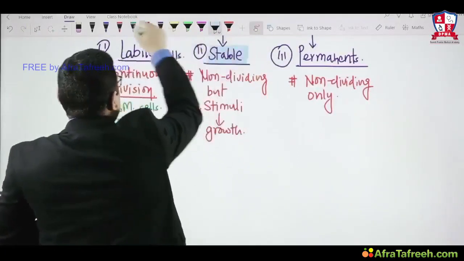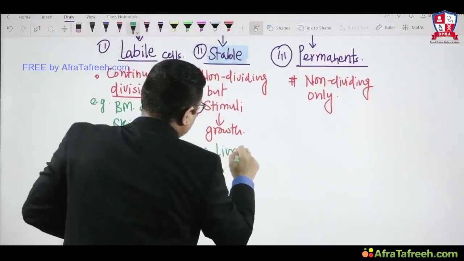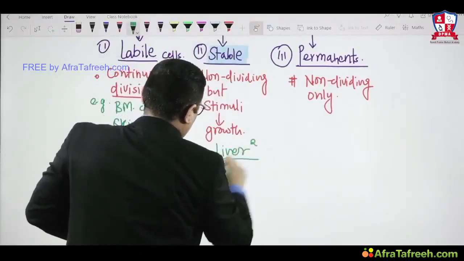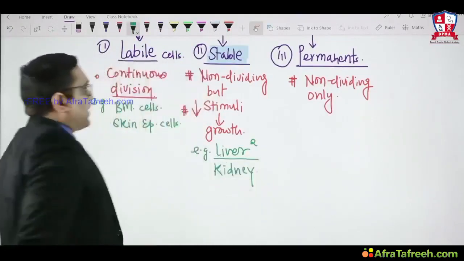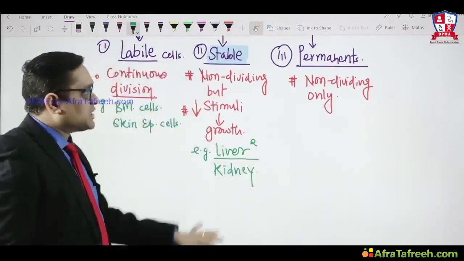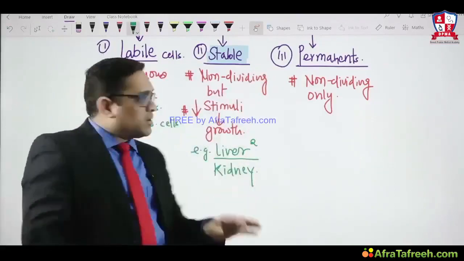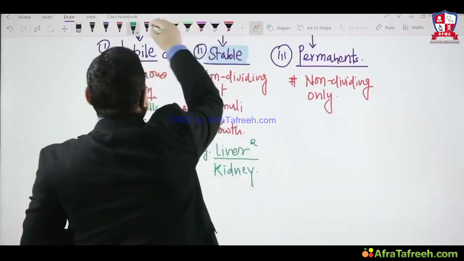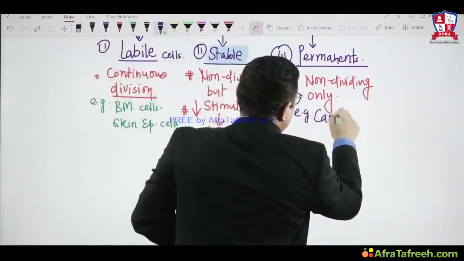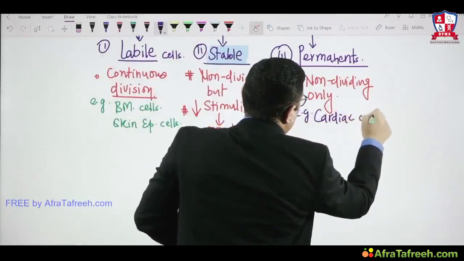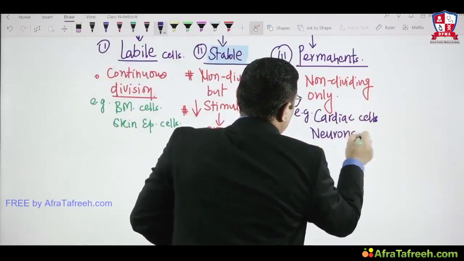Examples of stable cells are liver cells, and that was the answer in one of the All India exams. In the liver and kidney you will find stable cells, right? Permanent cells do not divide at all, even with a stimulus. Examples are cardiac cells and neurons, which are non-dividing cells.